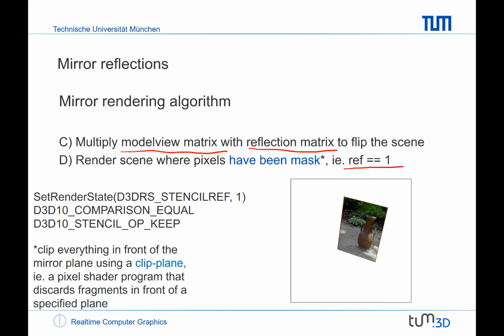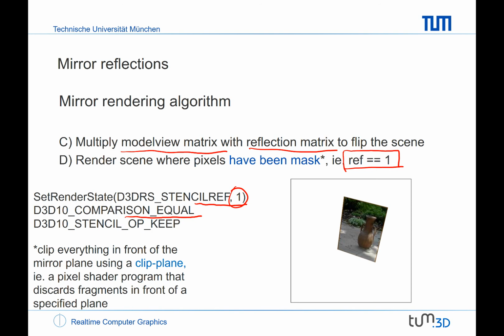Therefore we set the reference value of the stencil buffer to 1, so that only where the reference value is equal to 1, the fragments survive the stencil test. The comparison function is equal, in order to say only when the stencil value which is stored in the pattern is equal to the specific reference value we have selected, which is 1.